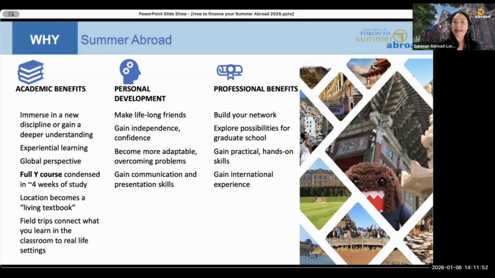You have academic benefits, I've outlined those, but over and above that, there is personal development. The opportunity to go outside your comfort zone, build your self-confidence, go to places you've never been before, and a really good opportunity to make lifelong friends along the way as well.